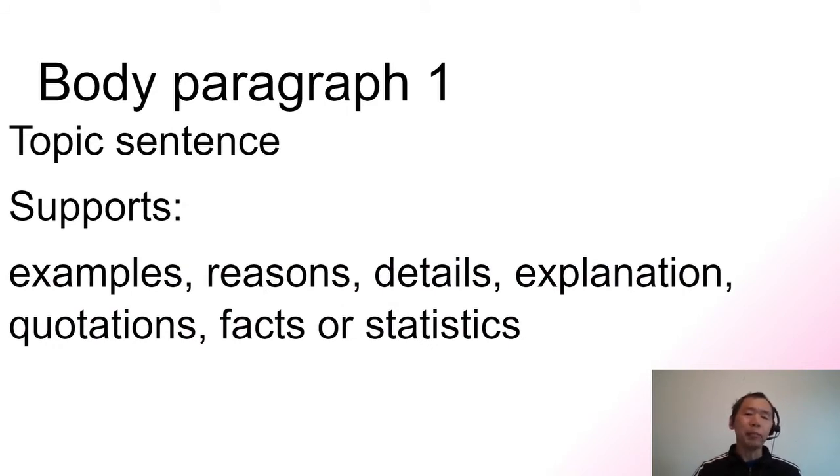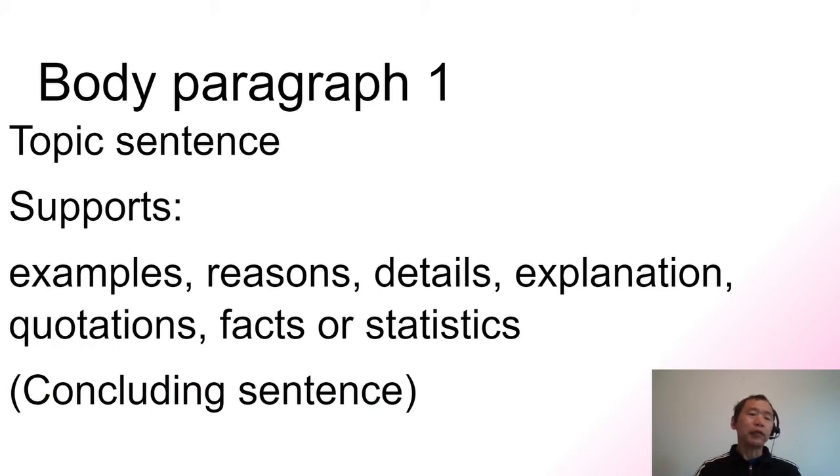You can use examples, reasons, details, explanation, quotations, facts, or statistics, depending on the content. And finally, you need the concluding sentence. The best concluding sentence would be a sentence that summarizes the whole paragraph and at the same time leads to the next paragraph.